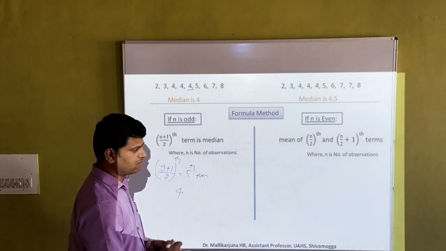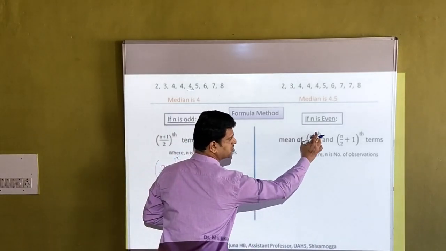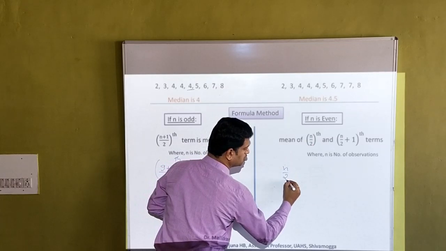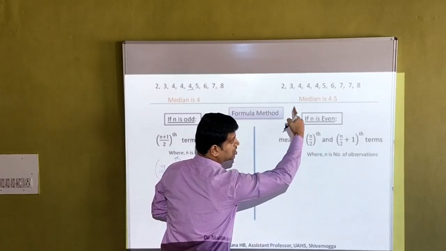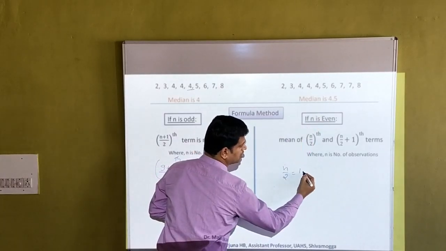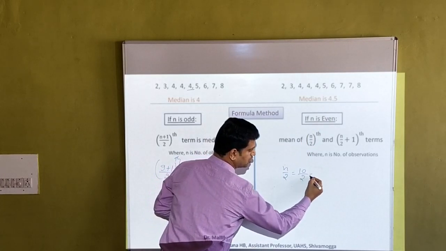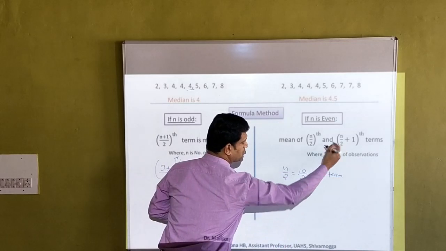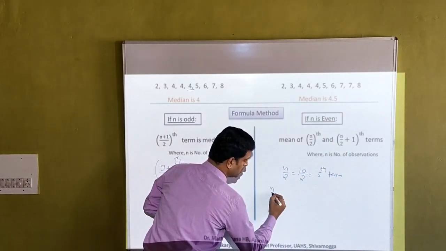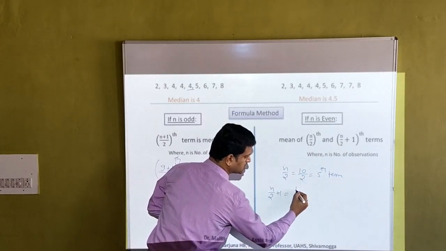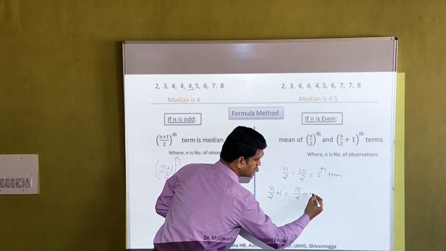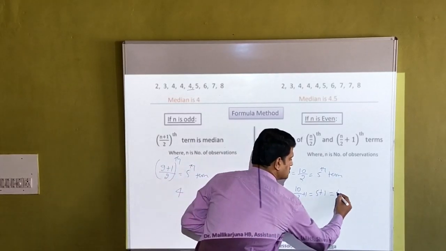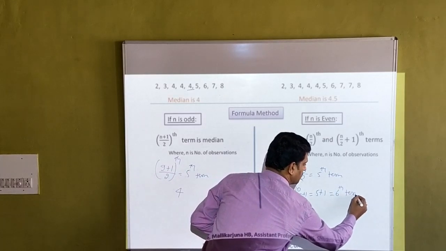Here N is an even number, so we take the mean of two terms. N is the total observations, 10 here. 10 divided by 2 is the fifth term. Then the formula N by 2 plus 1 is 10 by 2 plus 1, which is 5 plus 1, the sixth term.